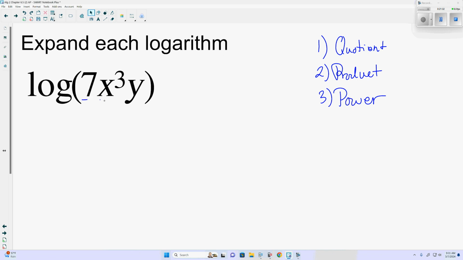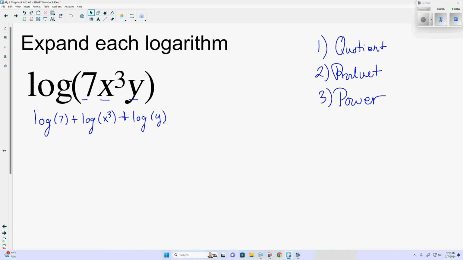And if we have a product of two or more things inside the log, we can rewrite it as the addition of each log. So even though there's 3 and our formula states 2, we can still do the same thing. Questions with this here? So we finished product, now we move on to power.